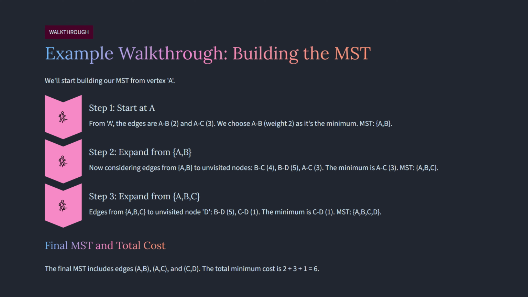Now our tree contains A, B and C. Finally, we connect vertex D using the smallest edge, which is C to D with weight 1. Now all vertices are connected, so our minimum spanning tree contains edges A to B, A to C and C to D, and the total minimum cost becomes 6.